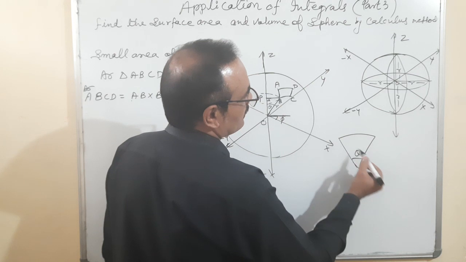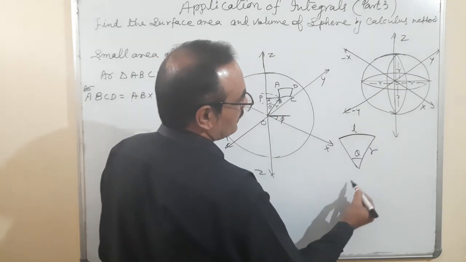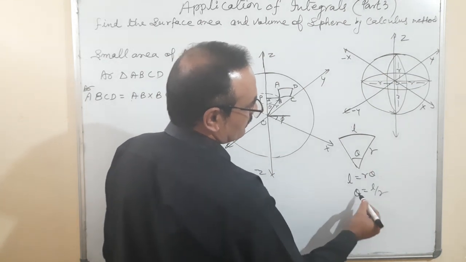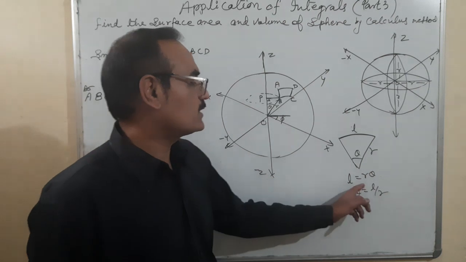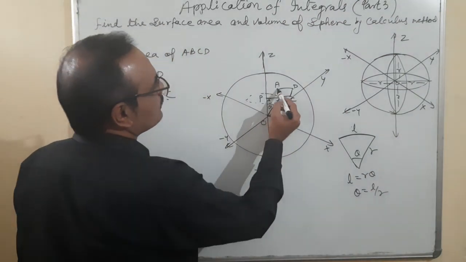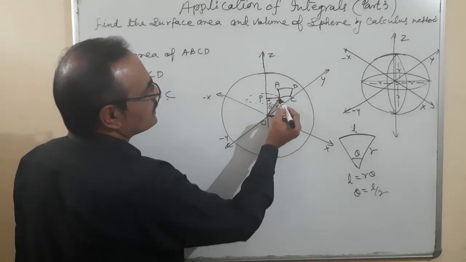This angle is theta, length of an arc is L, and this is R. So L is equal to R theta, theta is equal to L upon R. Theta in radian is equal to length of an arc divided by radius. So when we are going to find the value of AB, this AB is the length of an arc, OB is the radius.